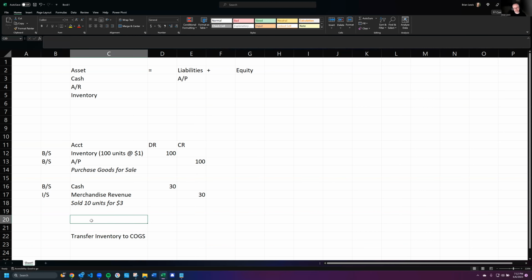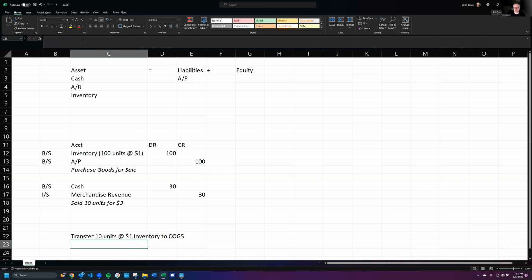And so what I'll end up doing is I'm going to move, and this is just a simple exercise, okay? So I'm not making this very complicated. Transfer 10 units at, and since I bought it for $1, I'm gonna transfer it for $1.